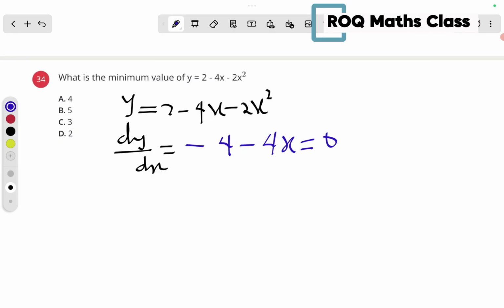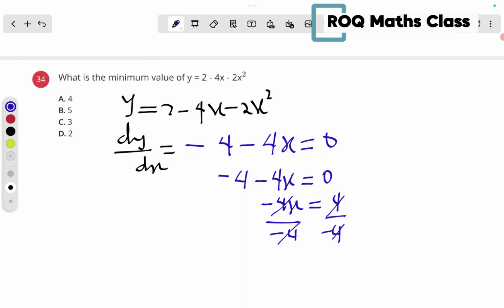You have to equate to 0. So now we're going to have minus 4x equals 0. Then I'll divide both sides by minus 4 over minus 4. This cancels this. But our x is equal to minus 1.